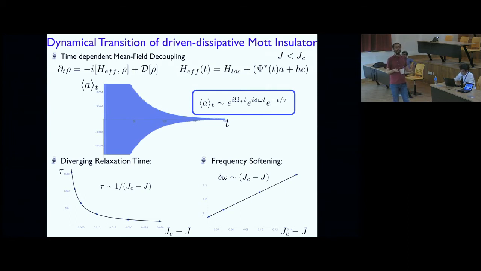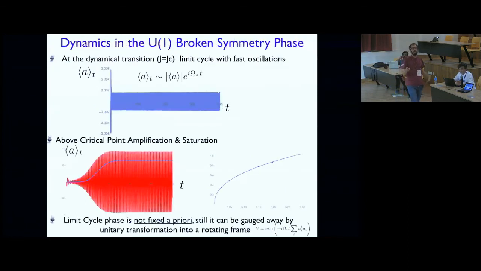What happens at the critical point is that the stationary state is lost and the system enters into a limit cycle. This limit cycle is maintained at the frequency that is soft at the transition, the omega star that I was mentioning.